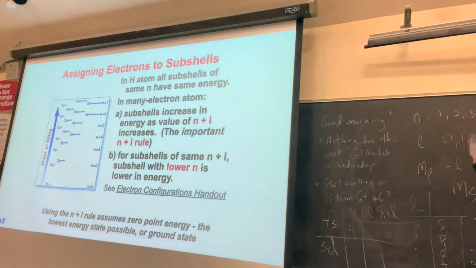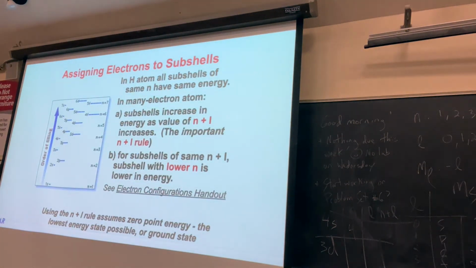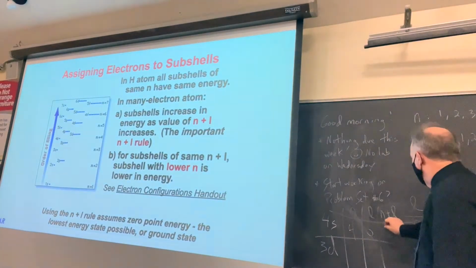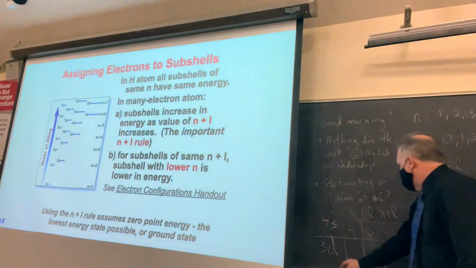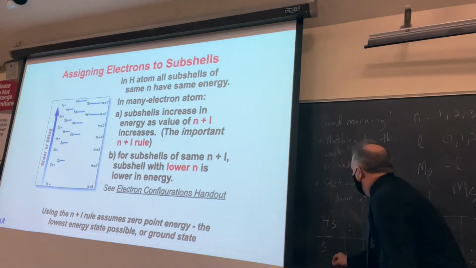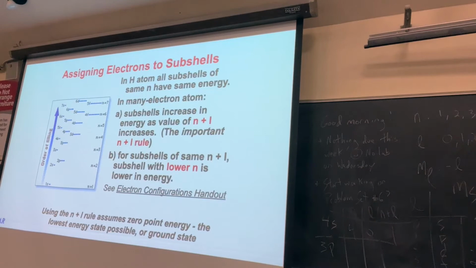What is the L value? 0. So N plus L is 4 plus 0, 4. This isn't going to work. Let's do 3p. My bad. I'll show you why I'm doing 3p instead of 3d in a little bit.